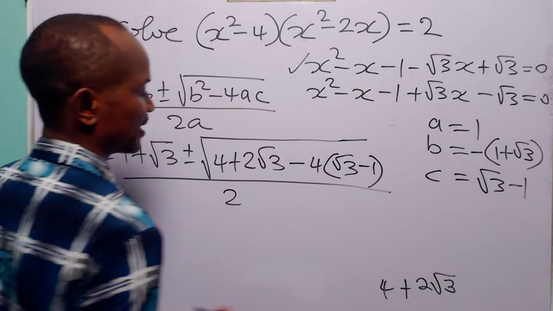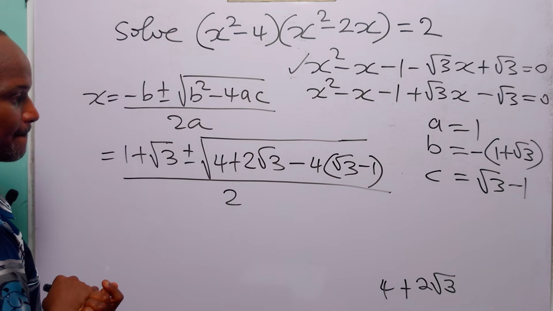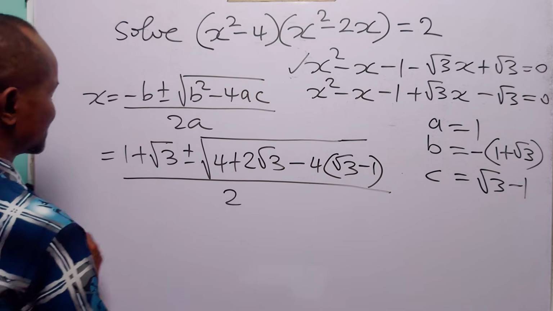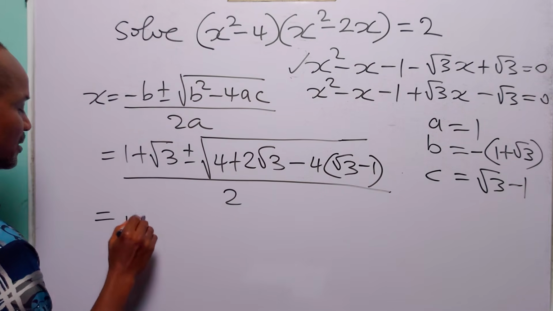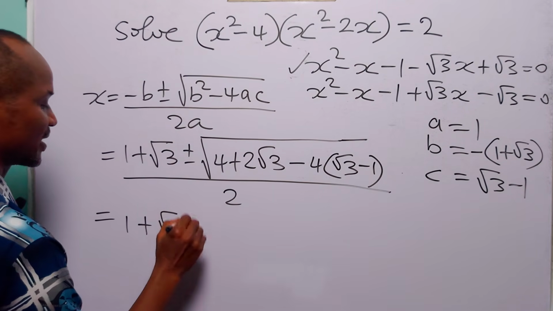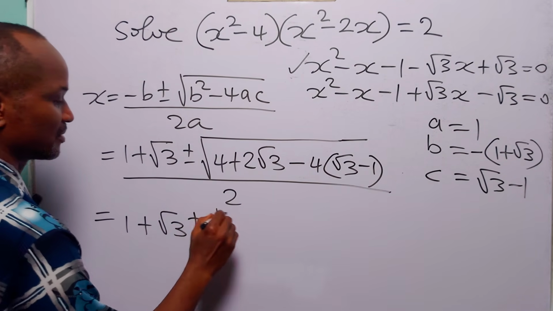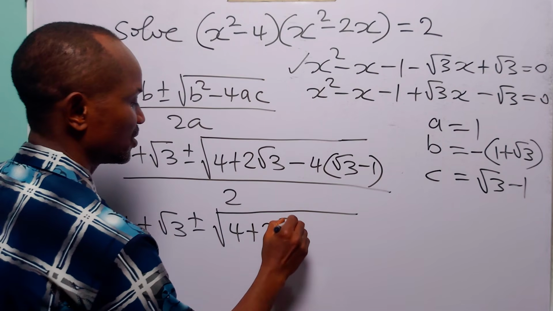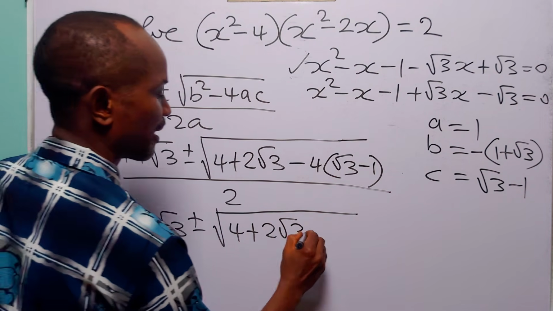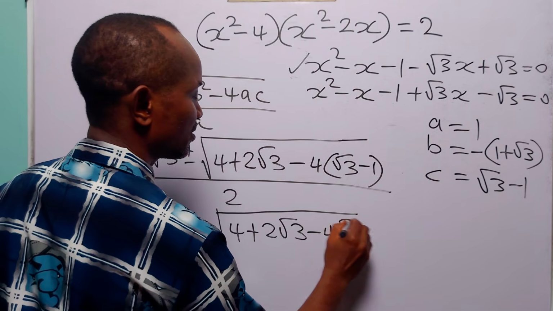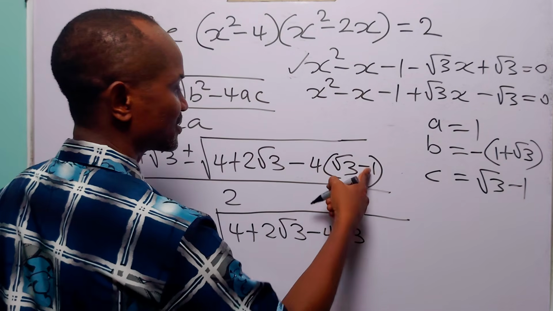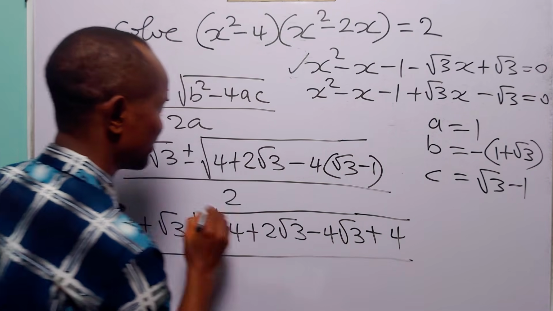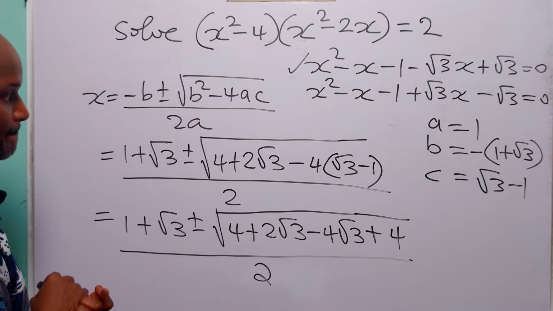Of course, a is equal to 1. Now, simplifying this, we have 1 plus root 3 plus or minus the square root of 4 plus 2 root 3 minus 4 root 3 plus 4, divided by 2.